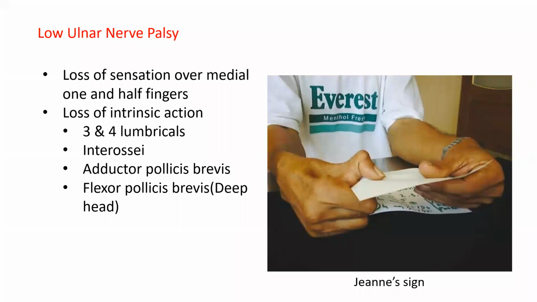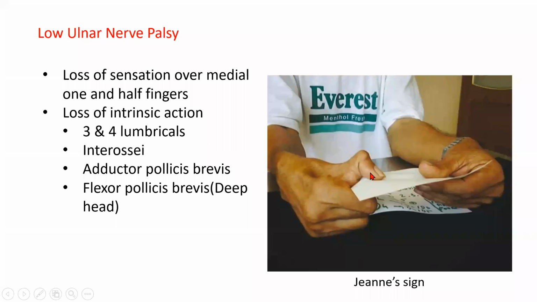And this is another sign by a similar maneuver. This is called the Jeanne sign. In cases of long-standing palsy, the deep head of the flexor pollicis brevis is also wasted. If you remember, like I told earlier, flexor pollicis brevis has a dual nerve supply. It is supplied both by the median as well as by the ulnar nerve. In long duration cases, the deep head of this particular muscle is wasted.